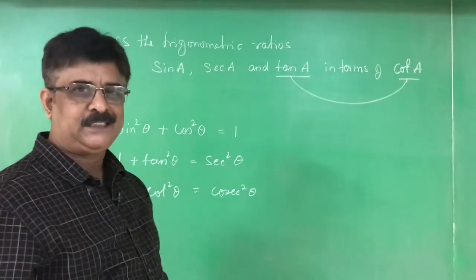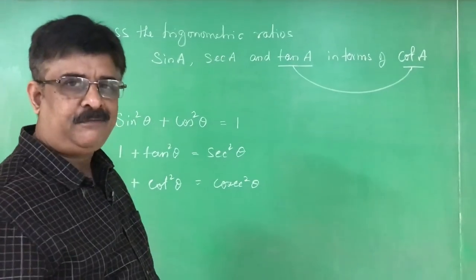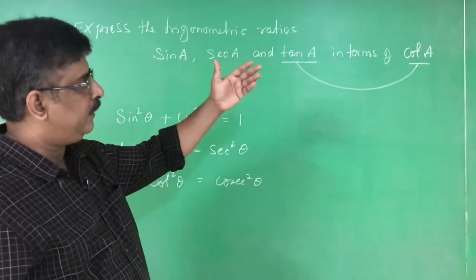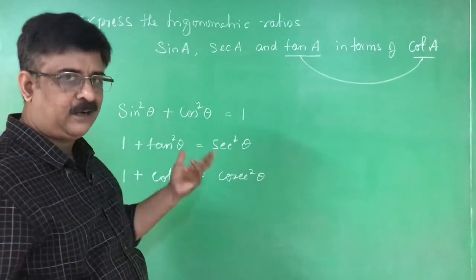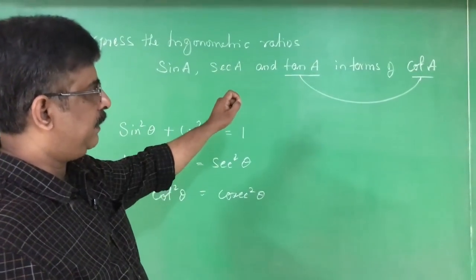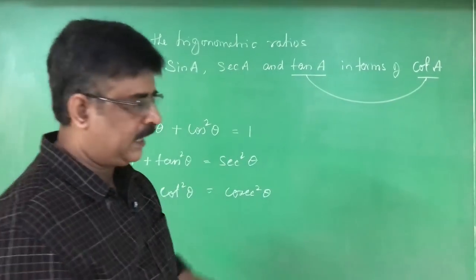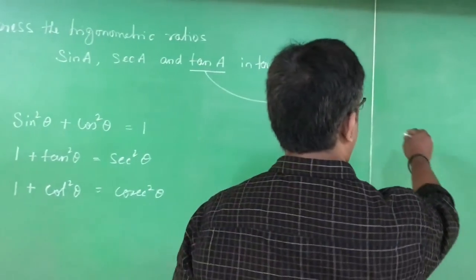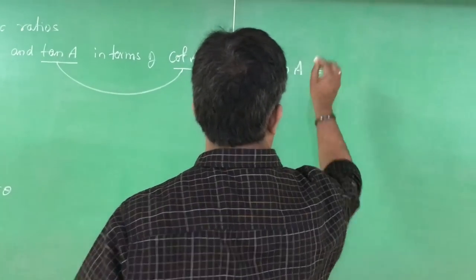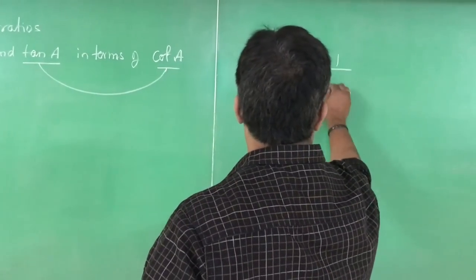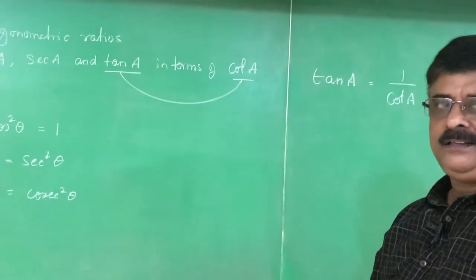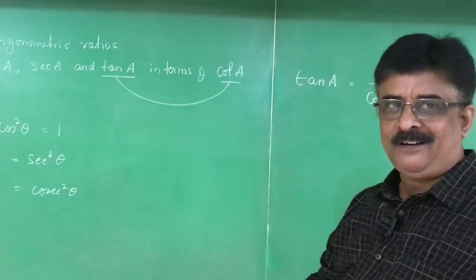To express tan A in terms of cot A, identities are not required at all because there is a direct relationship between tan and cot. What is that relation? Tan A, directly I can write, tan A is nothing but 1 by cot A. Reciprocal of tan is cot. The problem is solved. Simple.